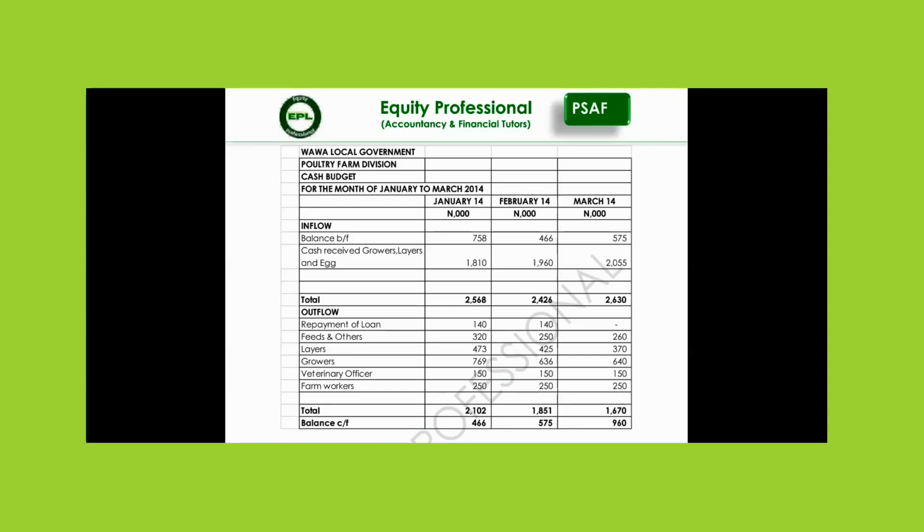So do we have any observation, any question? Concerning this salary, you were saying if we had done it the other way, we would still arrive at the same answer.